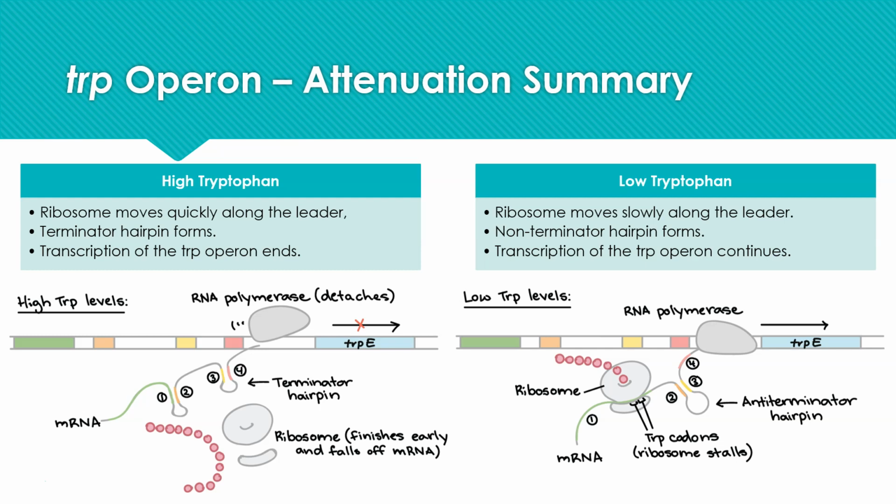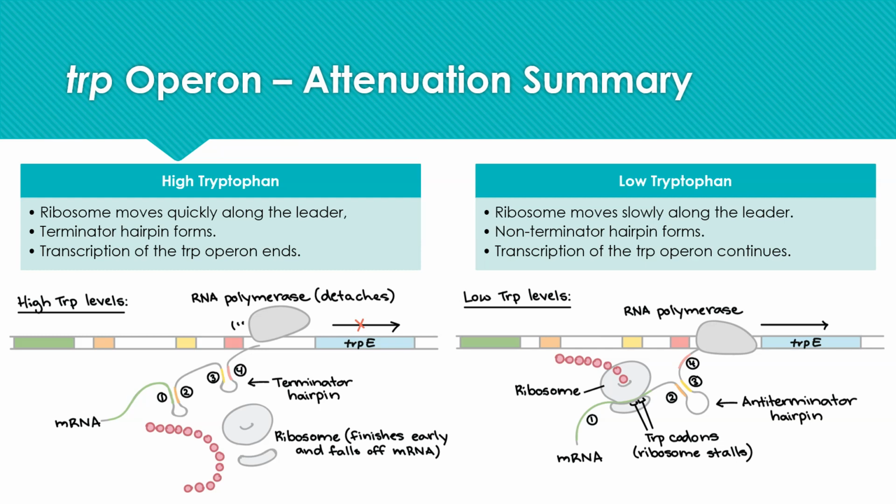On the other hand, when you have low tryptophan, things move more slowly and you end up with a different type of hairpin, a non-terminator hairpin, forming, which means that transcription and subsequently translation can continue on, which is good because you need them to make those protein products so that you can make more tryptophan because you don't have enough of it. This whole scenario with these terminator hairpins and these anti-terminator hairpins, that is attenuation. And that is a different way the TRP operon can be regulated.